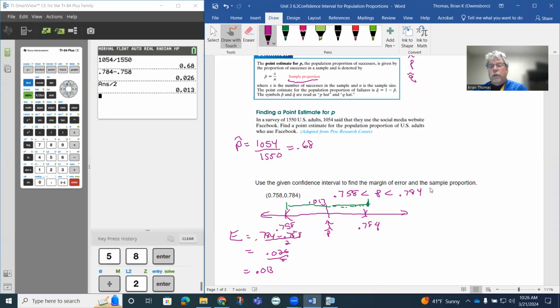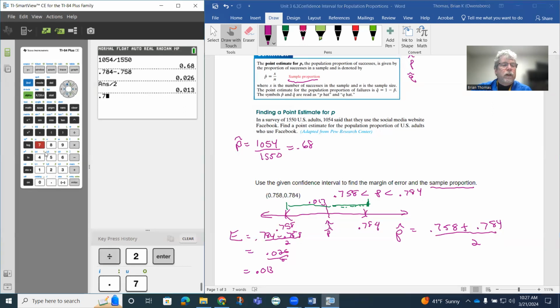So the middle is actually the sample proportion, how far we move. If I want to find the middle, that's actually the midpoint. So p hat, the sample proportion, would be like the midpoint. So what you can do is go 0.758 plus 0.784, and if you divide that by 2, that'll find your middle.